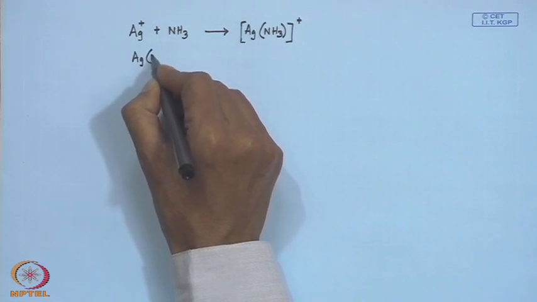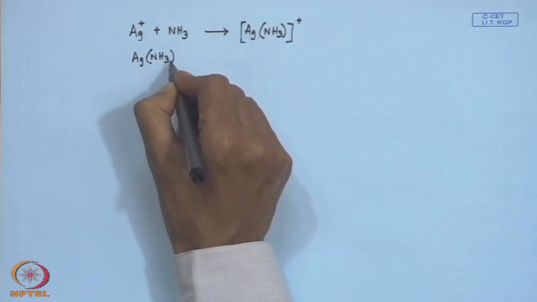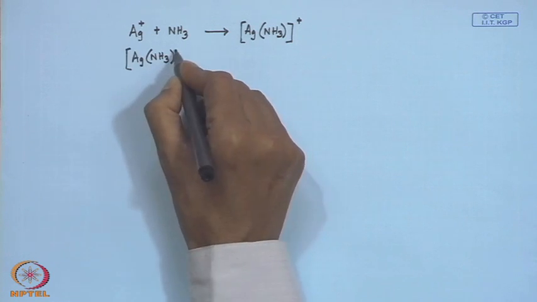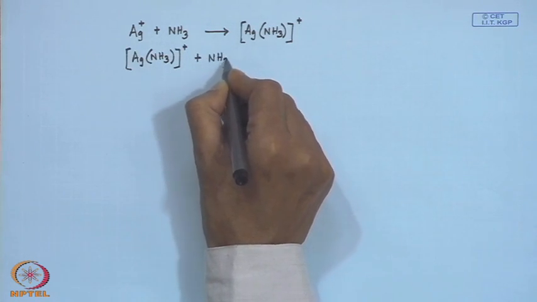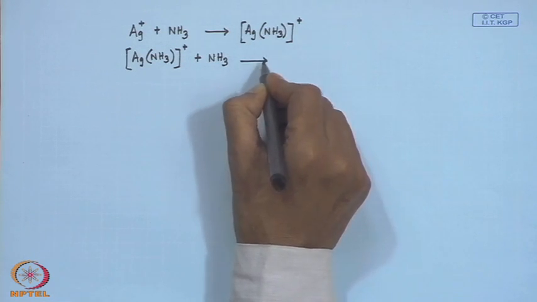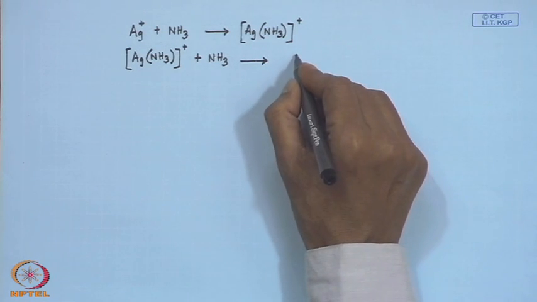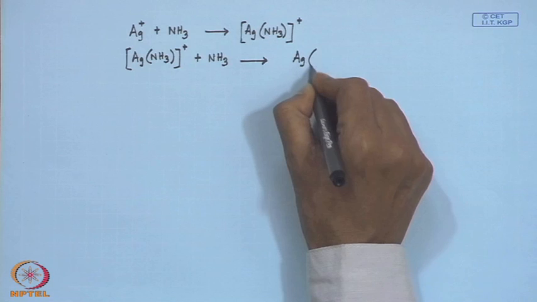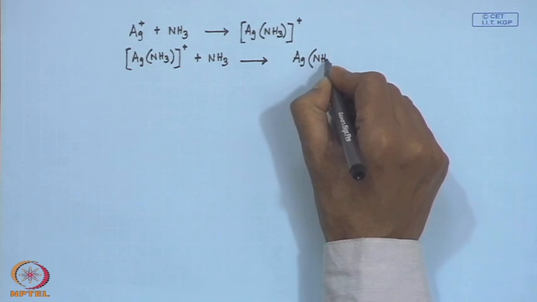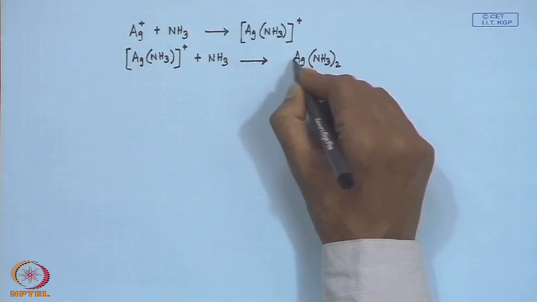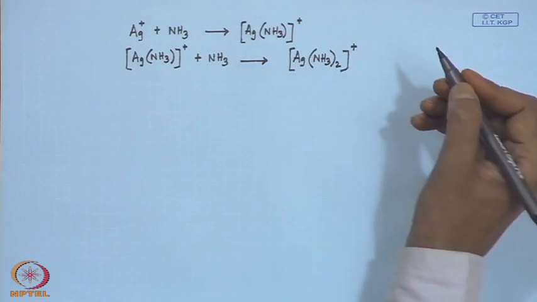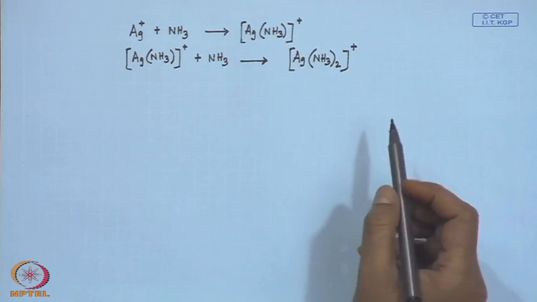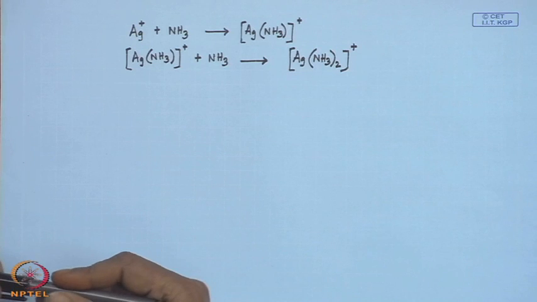Then in the second step, it reacts with the second ammonia molecule, giving rise to the Ag(NH3)2 plus molecule.